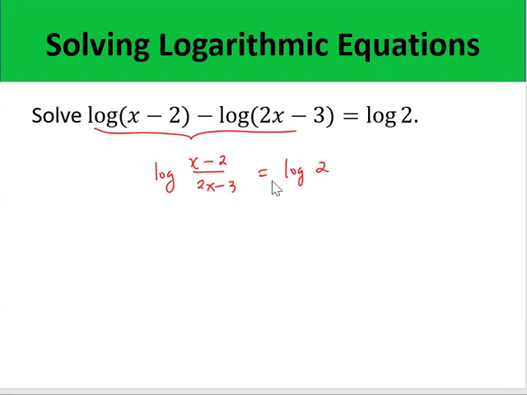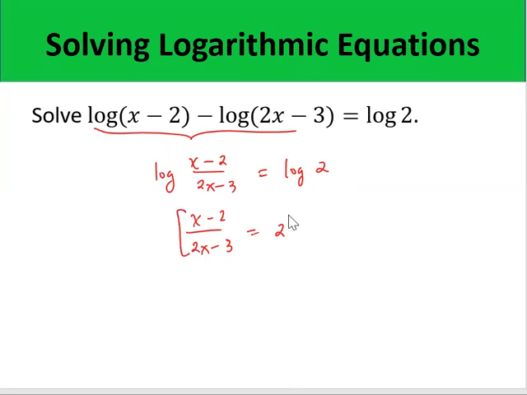Now, since this equation has logarithms in both the left side and the right side, and both of them have the same base, which is 10, using the one-to-one property of logarithmic functions, we can just equate the parameters. So equate the parameter x minus 2 over 2x minus 3 and the parameter 2.